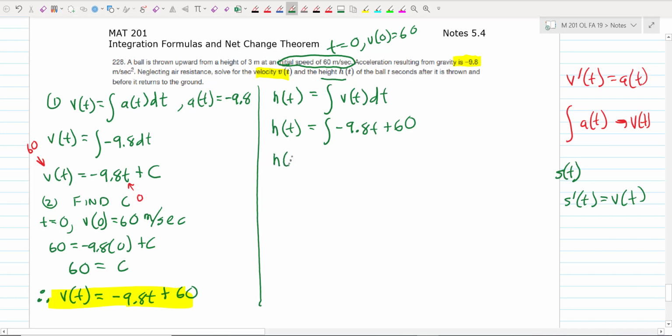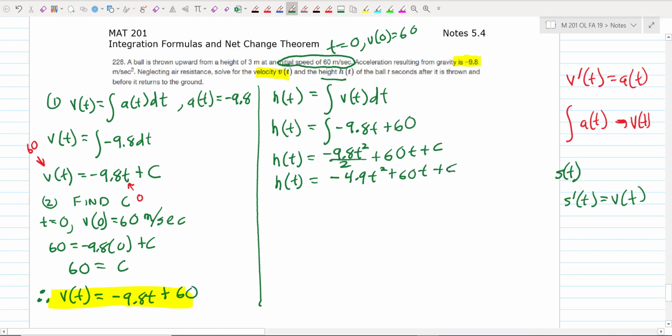We're going to get h of t equals negative 9.8t to the second over 2 plus 60t, and then again plus c. You can divide that quantity on your calculator to get negative 4.9t squared plus 60t plus c. Now we're going to see if we have an initial condition again. Let's read the problem.